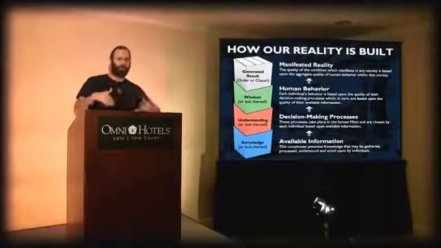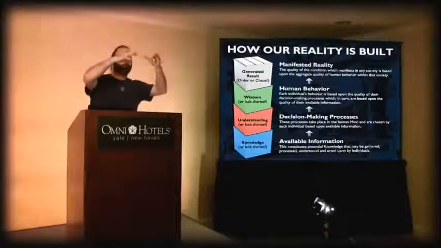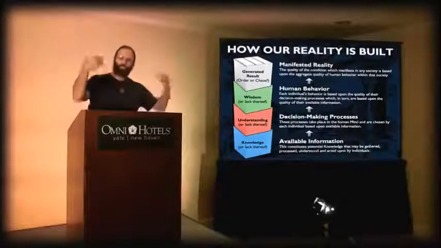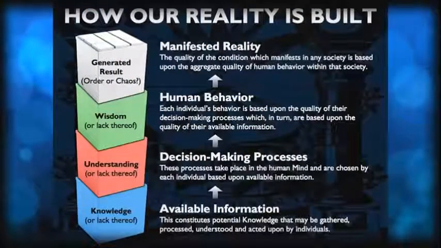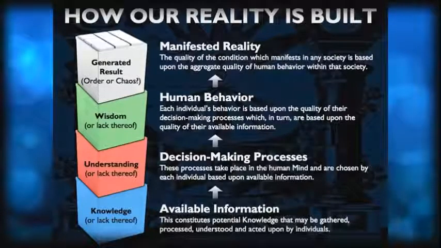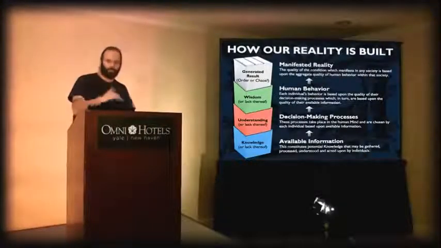Okay? It's another fallacy of the New Age movement and thinking. In the aggregate, we are creating our shared reality. All the behaviors put together create the output on the screen, or the generated result. Is it orderly? Is it chaotic? Well, that's going to be based upon whether someone took in the information, processed it efficiently to come to an understanding, and then acted upon it.